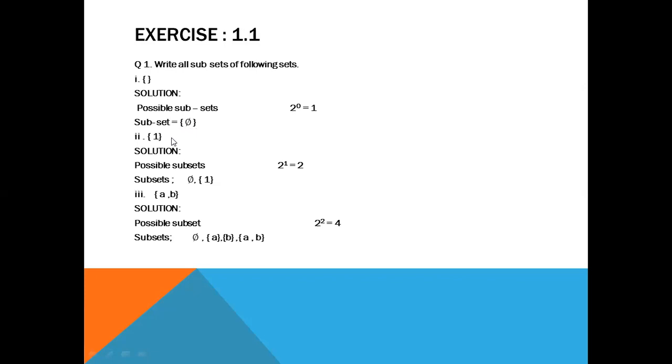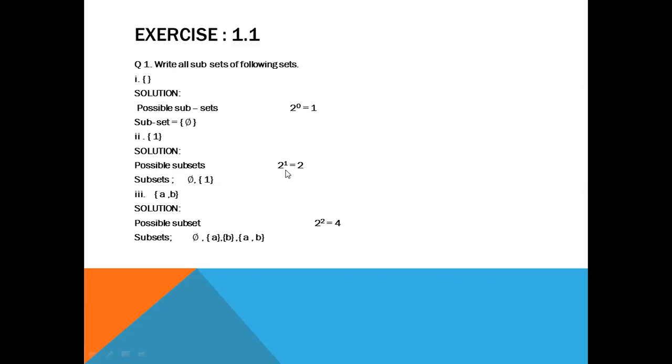Come to the second part of this, {1}. It is a singleton set; only one element is given. Now we see how many possible subsets this set has. Again, you apply the formula 2 raised to the power n. Because there is only one element, 1, instead of n we put 1. 2 raised to the power 1 is equal to 2.